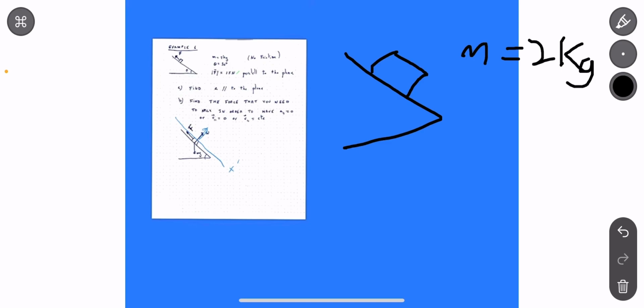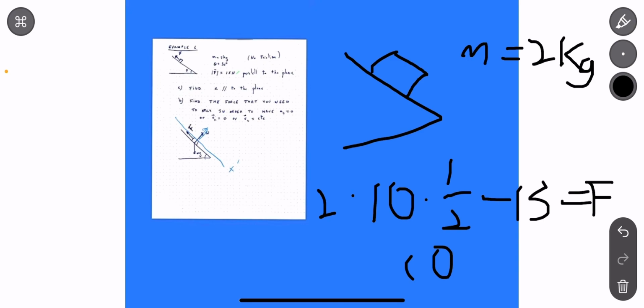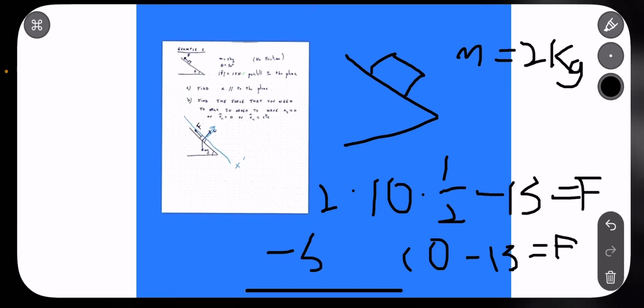If we plug it in correctly, we would plug in 2 times 10 times 1/2 minus 15, because it's a negative 15 force, equals F. And if we work it out, it's eventually just going to be 10 minus 15 equals F, and we're going to end up with negative 5 N.